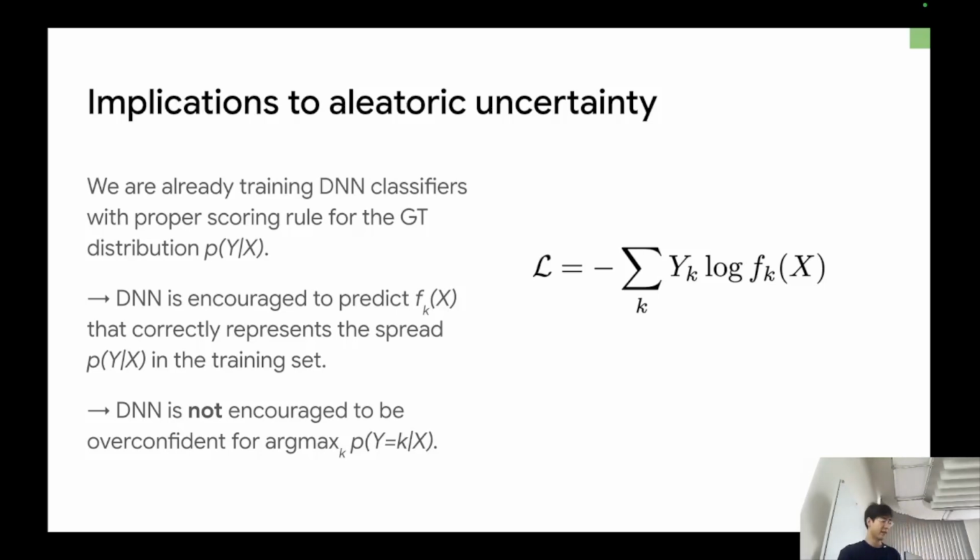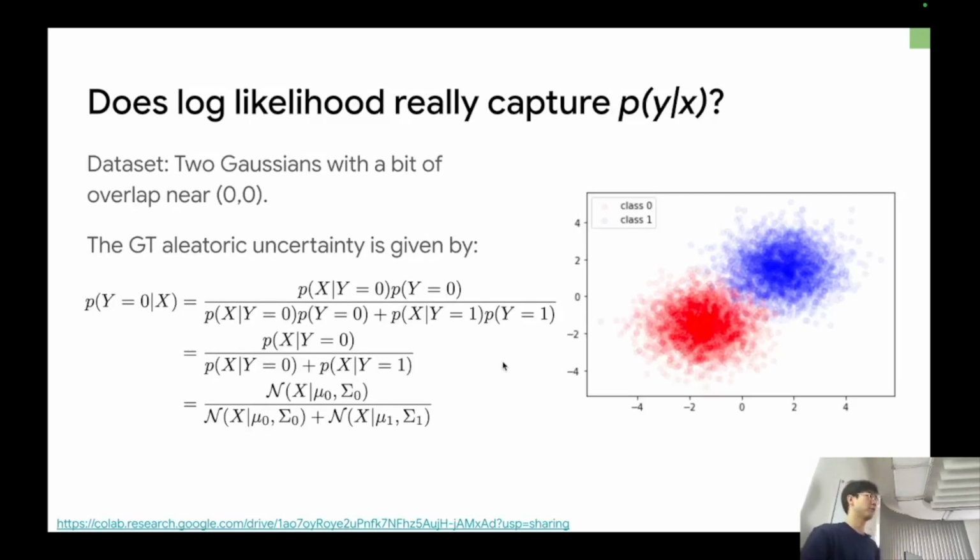It's a proper scoring rule, so the model is fully encouraged by the loss function to exactly follow the true distribution. To convince you that this is the case, I'm going to give you a toy example here, where the true distribution is given by this plot. These are actual samples from the true distribution, where class 0 and 1 come from different Gaussians with different centers.